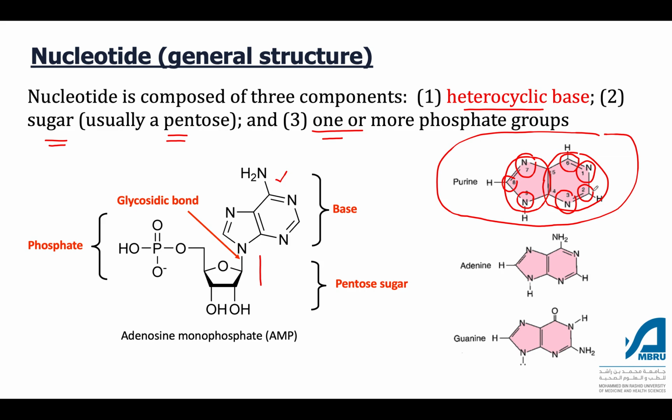And this is important because compounds that inhibit formation of tetrahydrofolate therefore block purine synthesis, and these compounds are therefore sometimes used as anti-cancer drugs.